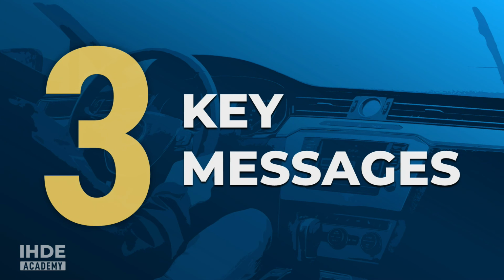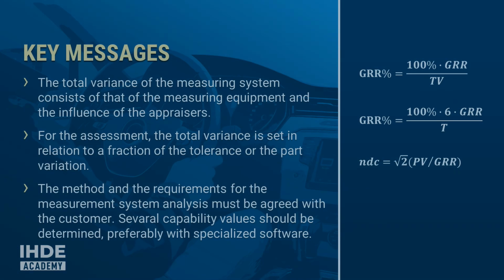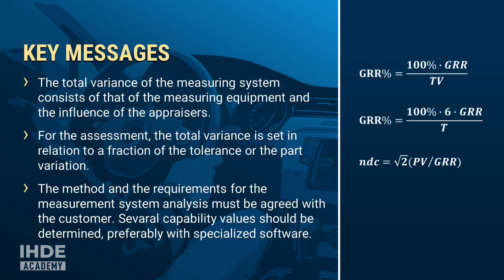Well, that was a lot of new information. Therefore, I would like to conclude by repeating the 3 most important key messages. The total variance of the measuring system consists of that of the measuring equipment and the influence of the appraisers.